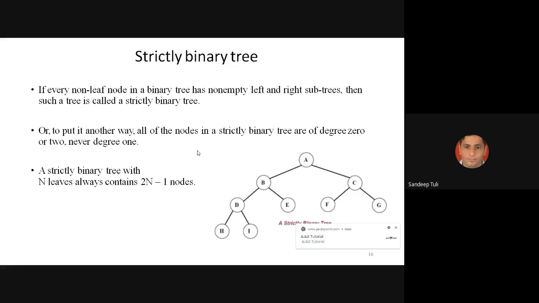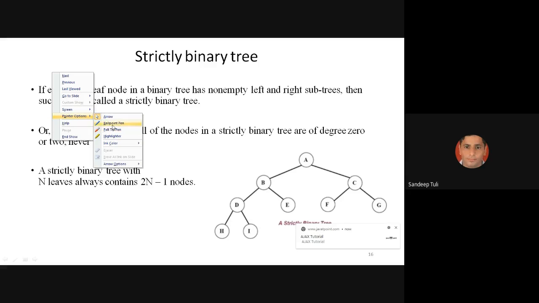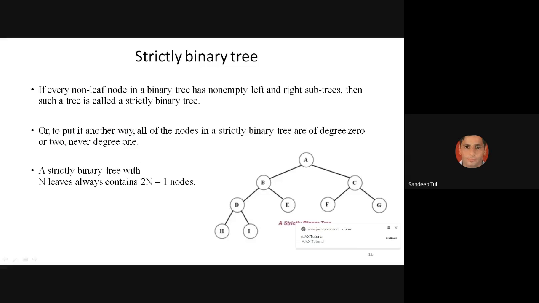So first of all, strictly binary tree. What does the word strictly mean? What is the meaning of strictly? Do not write the definition first, just tell me what strictly is. I can tell at a general level, sir. Anshul, say what are you saying? Sir, all the nodes are allotted maximum children.